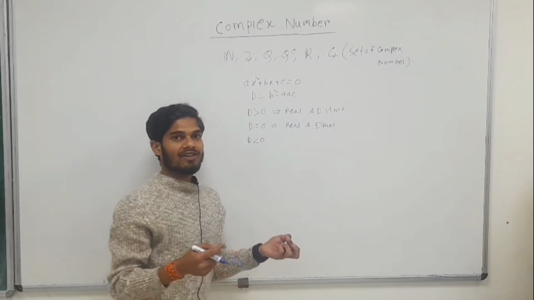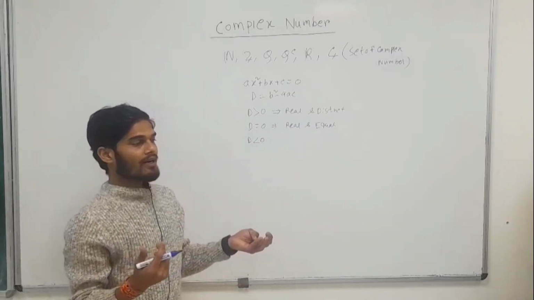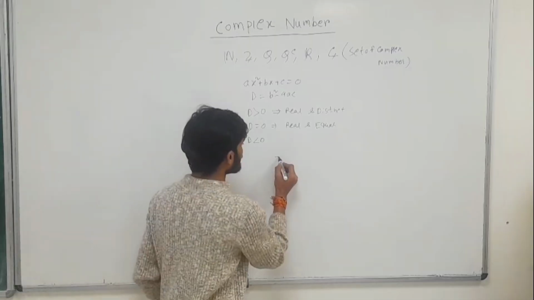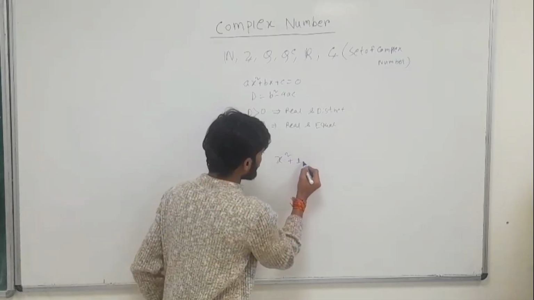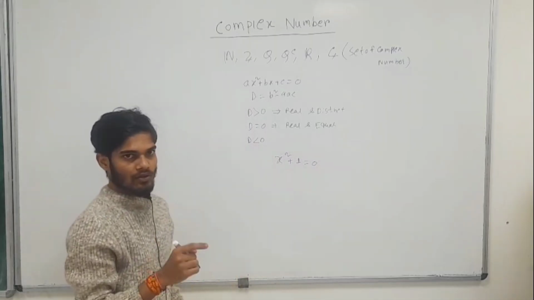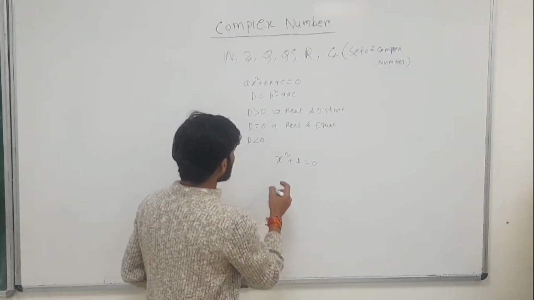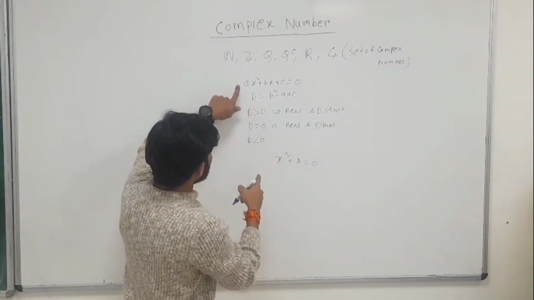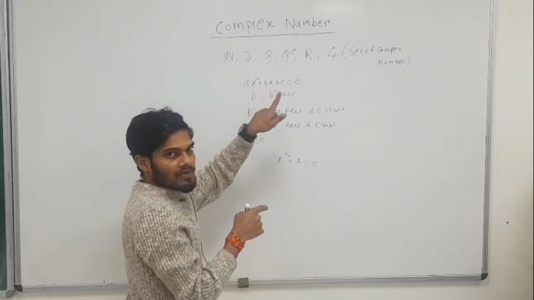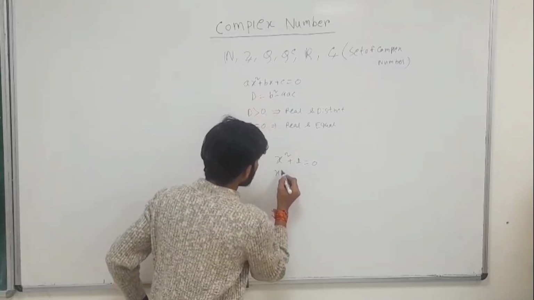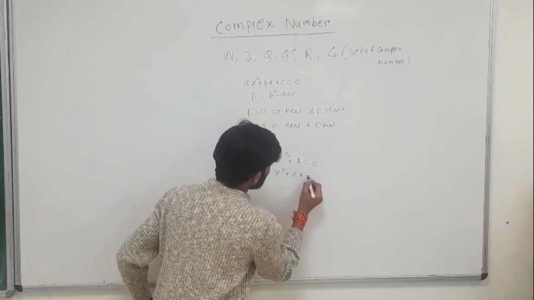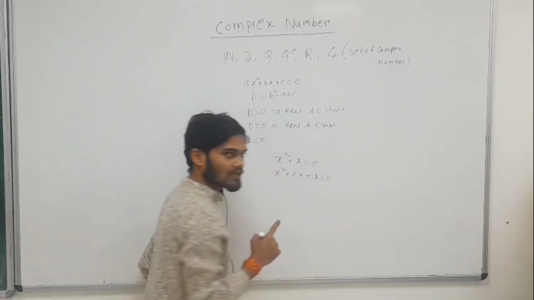So, Indian mathematician Mahavira, when he tried to find the roots of this type of equation, x square plus 1 is equal to 0, and you try to write this equation in the form of ax square plus bx plus c. So, what will you get? x square plus 0 into x plus 1 is equal to 0. Okay?